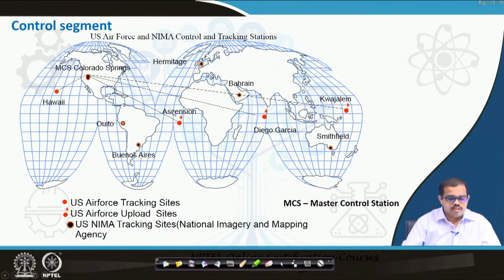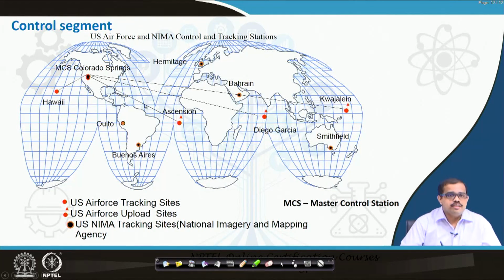Then you have the US Air Force upload sites, which are marked with an arrow here. These are the sites where the US Air Force looks at the particular position of the satellites. It is also mentioned that it is quite precise in terms of Air Force applications.